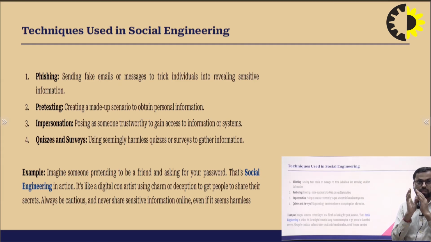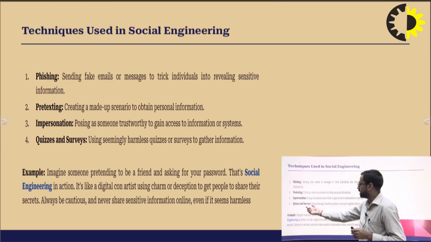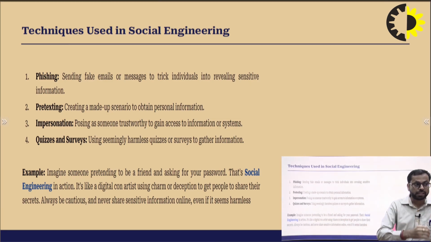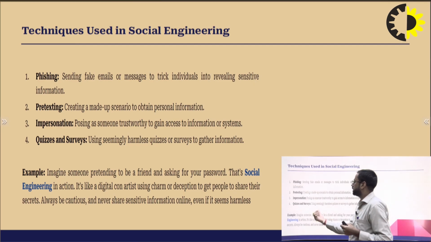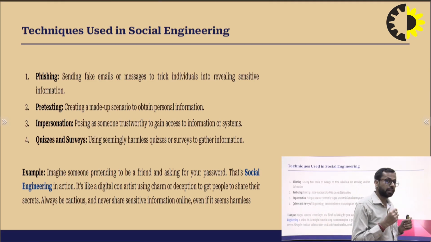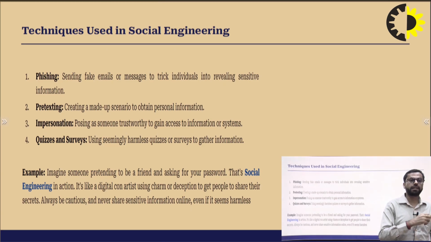Quizzes and surveys are ways in which we can share our personal details with an unauthorized person, because quizzes and surveys are basically used to collect personal details for an organizer.